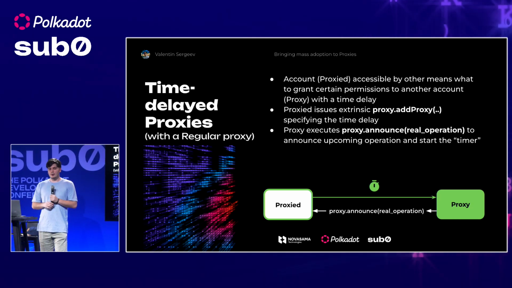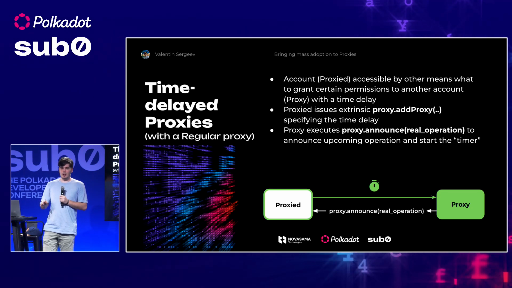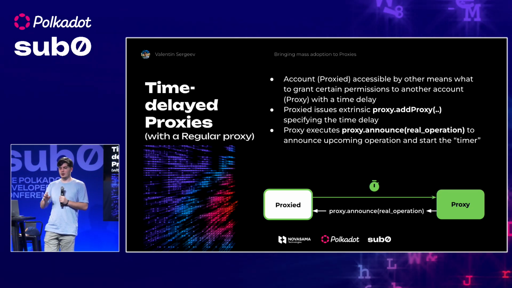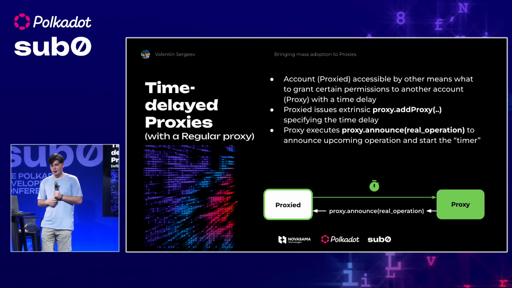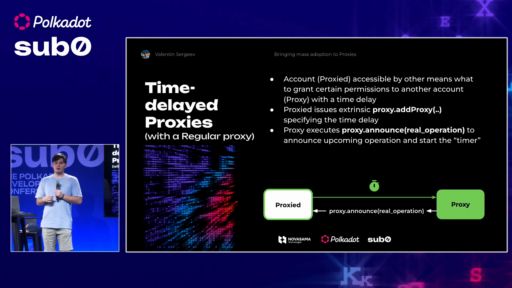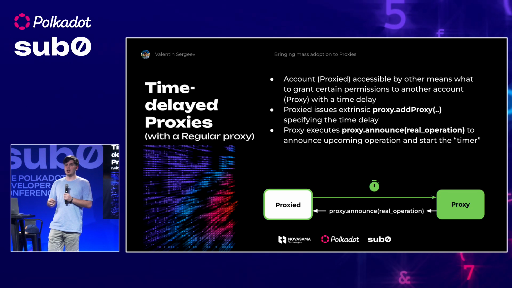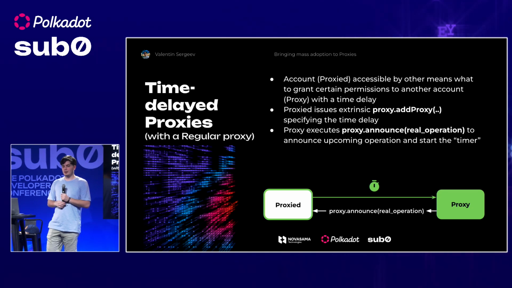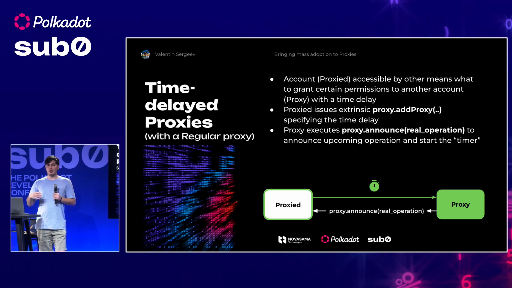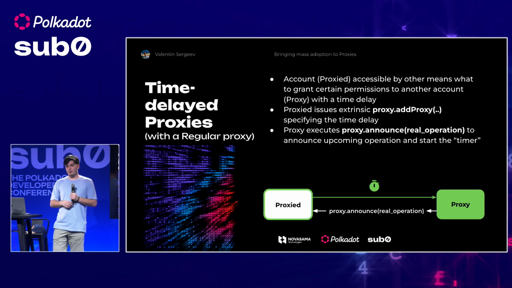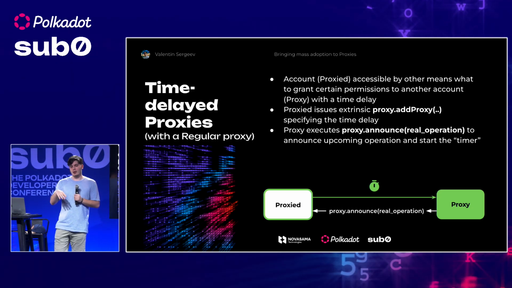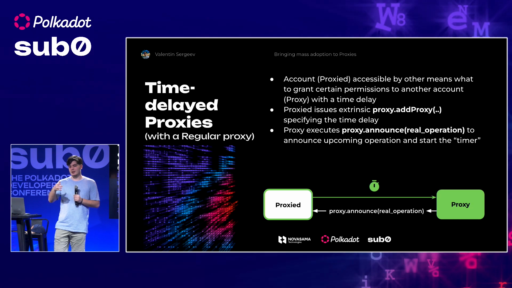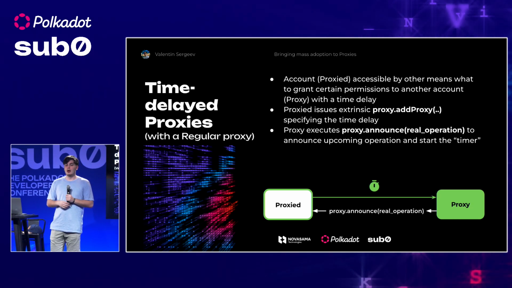Now there's a little change in the flow, because instead of proxy.proxy, the proxy should firstly call announce. This way it will indicate to the chain that it's planning to execute some operation after the delay has passed. During this period, other people who have access to the account, whether directly or via other proxies, can cancel the operation.